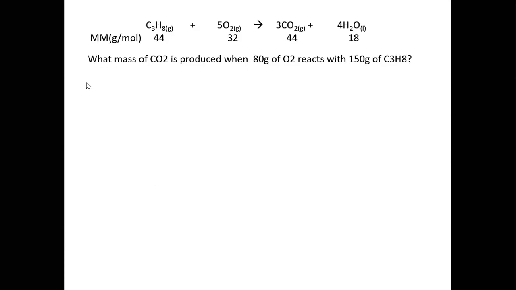So again, we'll set it up. We're going to do one for oxygen and one for propane. So we get our train track.